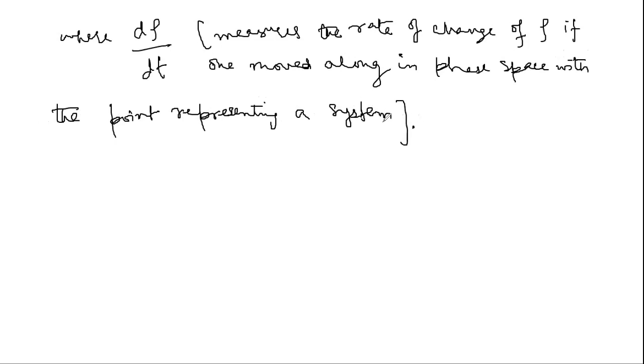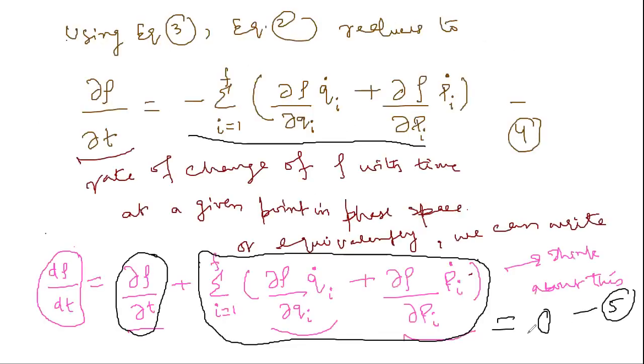Right. So what does it say? It says that this total derivative is 0, right?